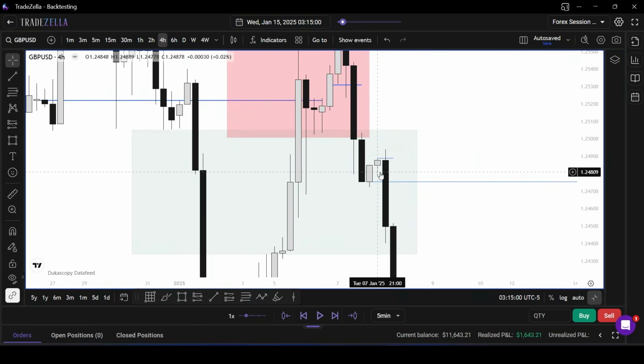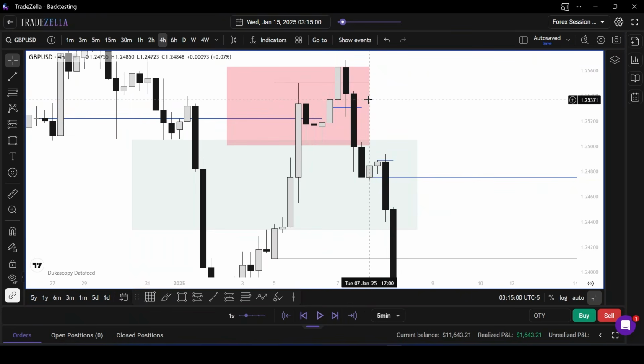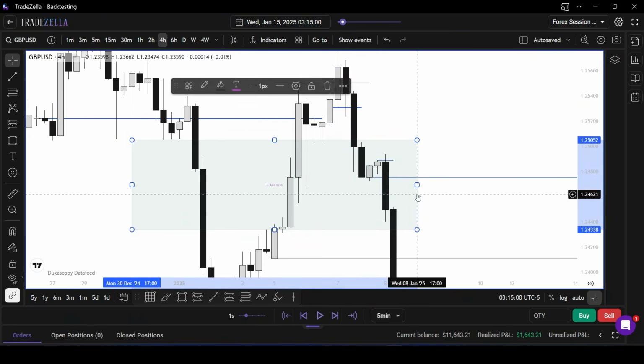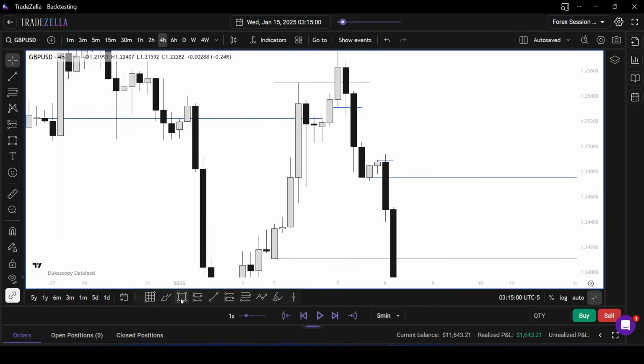Now, as I said, you don't just look for swing points. You want those swing points to form from a relevant key level. Now, is there any relevant key level here? No, we have a fair value gap, but here, we have a fair value gap here. Let me take this out. We have a fair value gap here.